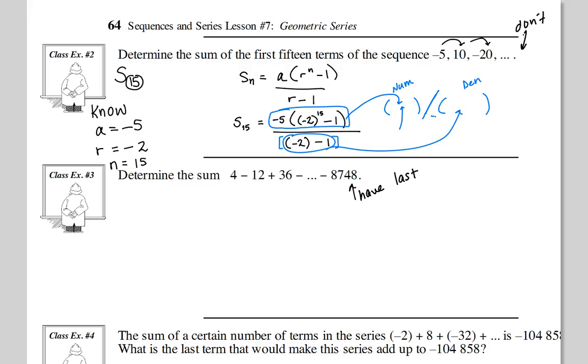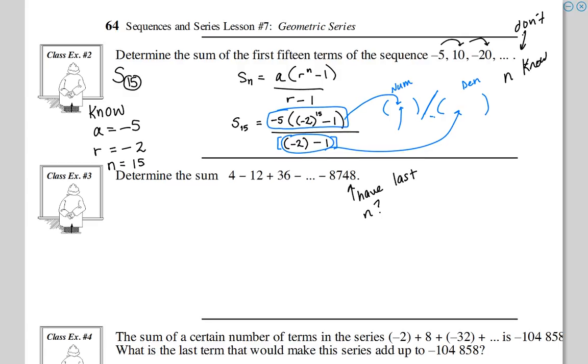So there our n is a question mark, but here n we know, right? Could you find n in class example 3 and then use the formula we just did? We could do that. But there's a faster way because we know the last term, and that's just going to be the second formula. I'll just jot down the second formula for you.